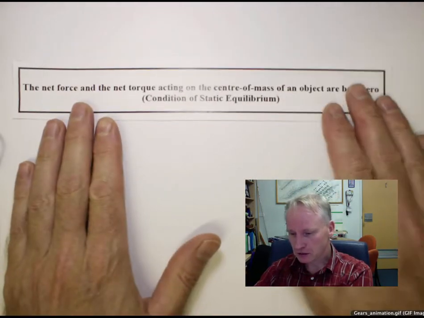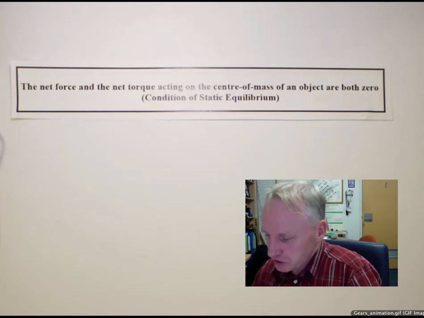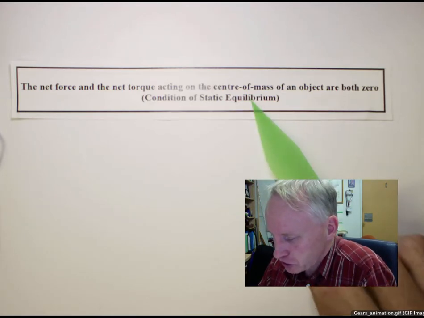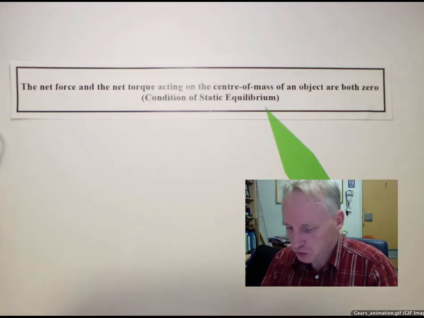This is typically expressed in a different way, namely as the net force and the net torque acting on the center of mass of an object are both zero. That's the condition of static equilibrium. Mathematically, one can put it this way.